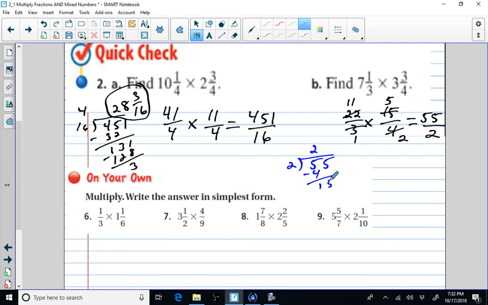Subtract, I get 1. Bring down the 5. 2 times 7 is 14. Subtract, I get 1. That remainder of 1, I put over my divisor of 2. I get 27 1/2 as the product of 7 1/3 times 3 3/4.